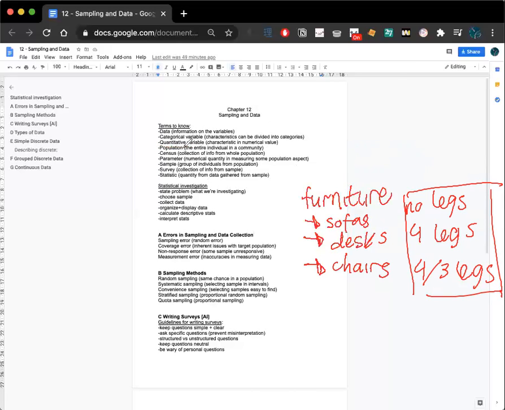And then another term that you should know would be population. So population is what you call it when you're trying to refer to an entire society or entire community. For example, usually we have population in terms of a country.